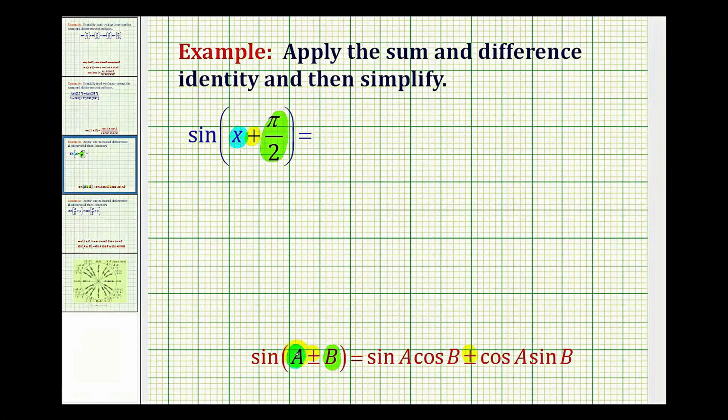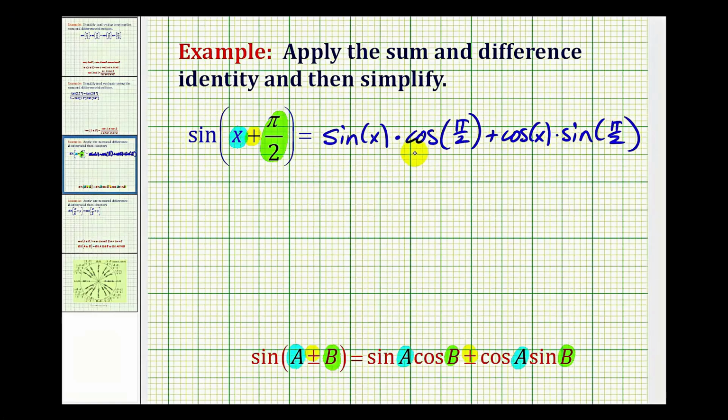So wherever we see angle A, we'll replace it with x. So we'll have sine x here and cosine x here. And we'll substitute pi over 2 for b. So I'll have cosine pi over 2 here and sine pi over 2 here. So we'll have the sine of x times cosine pi over 2 plus cosine x times the sine of pi over 2.